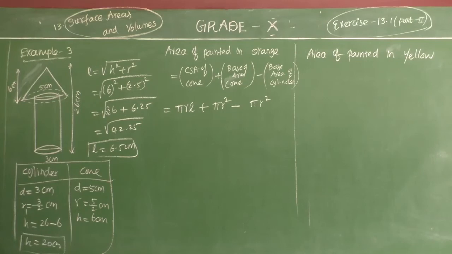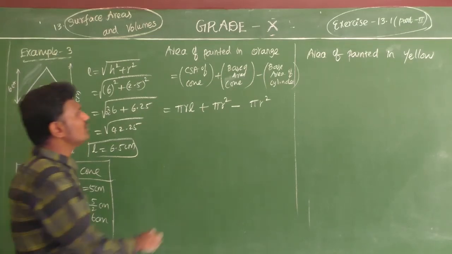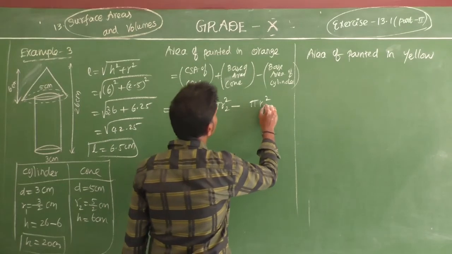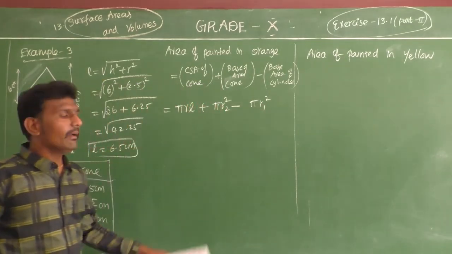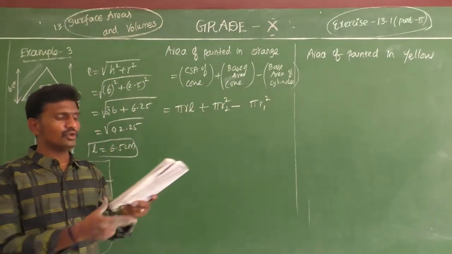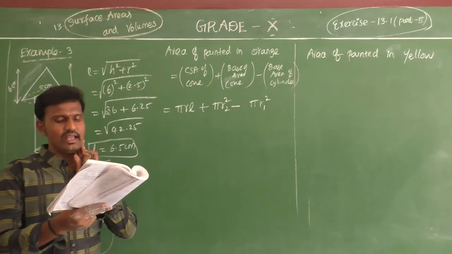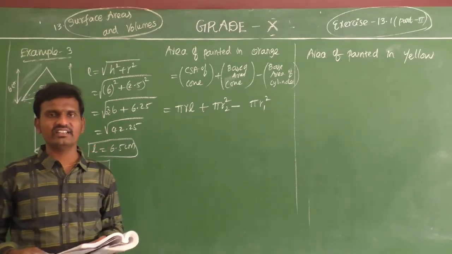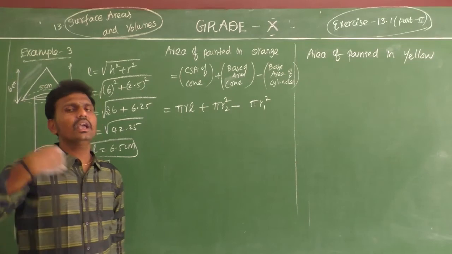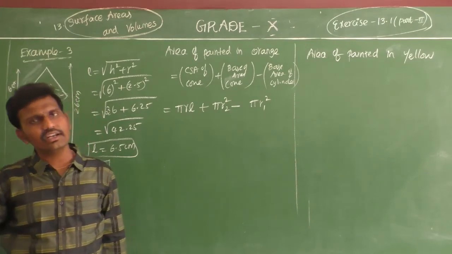R1 is the radius of the cylinder and R2 is the radius of the cone. So the base area of the cone is pi R2 square and the cylinder is pi R1 square. But in your book they give r dash and h dash like this. So whatever it may be, r dash or R1, R2, that is fine.